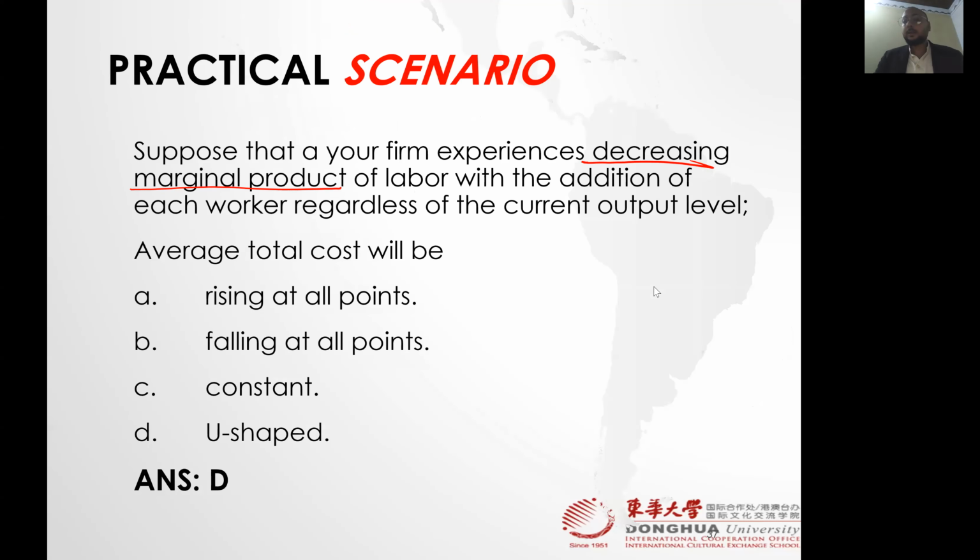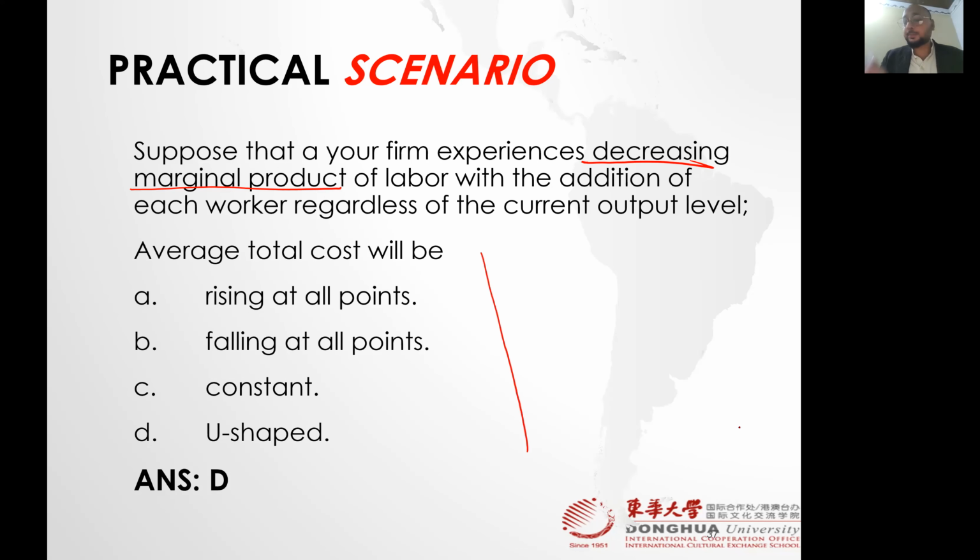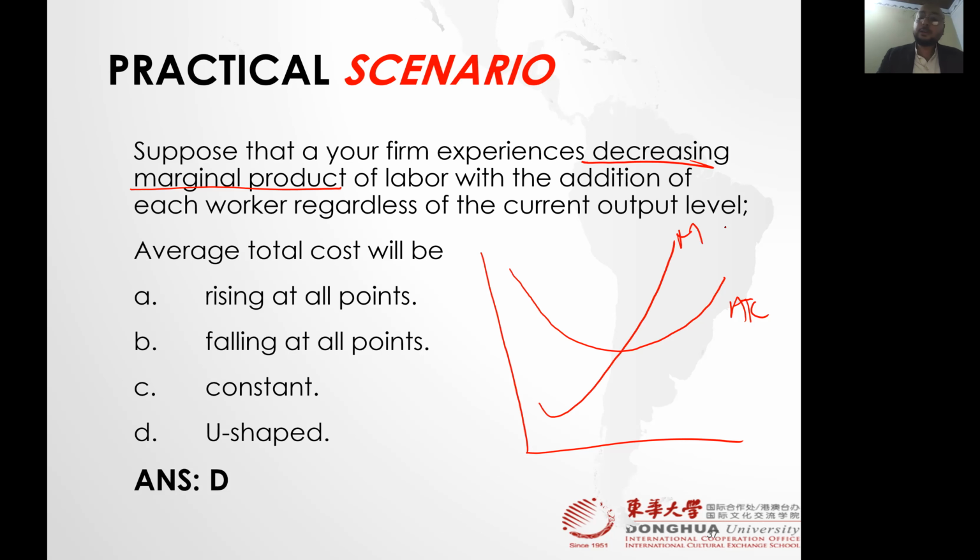So when your company faces diminishing marginal return, it means your average total cost is U-shaped, MC crosses it at its minimum, average variable cost is below the ATC, and average fixed cost is always decreasing.